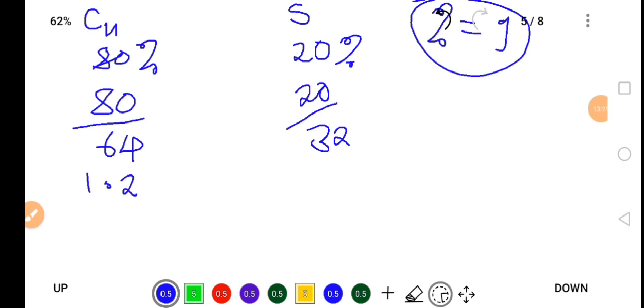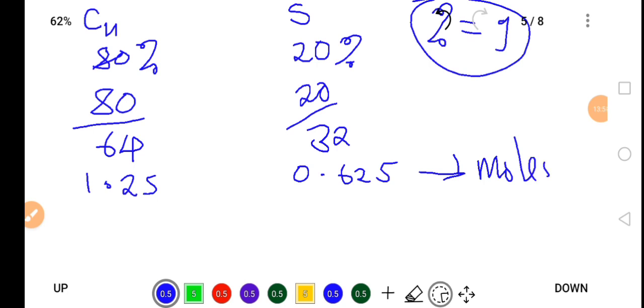Here it will be 0.625. These are the number of moles. Of course, since we are finding ratios, no problem even if you don't say more, because this is under empirical. So you just need to know that what we have calculated at this level are moles.